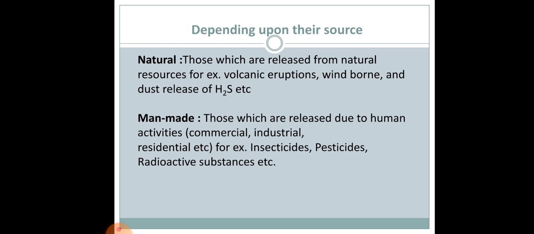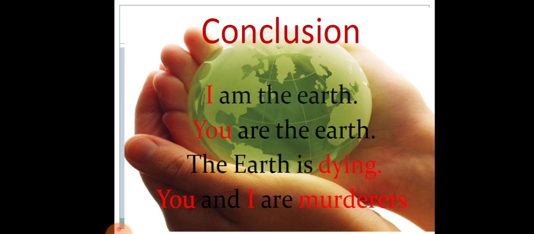And all those pollutants which are released due to various human activities, we call man-made pollutants. Man-made pollutants occur mainly due to various activities which may be commercial, domestic, industrial, etc. Some examples of man-made pollutants are pesticides, radioactive substances, insecticides, etc.